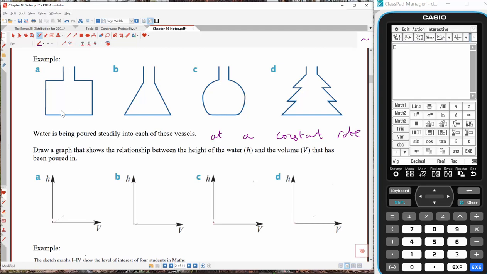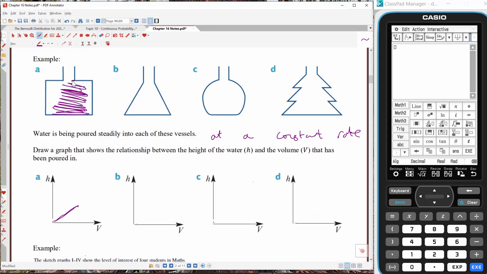Water starts to fill up here, and it's going to fill up at a constant rate. So if I'm looking at the graph of the height of the water versus the volume that has been poured in, it's going to increase at a constant rate. So the height is going to change at a constant rate.